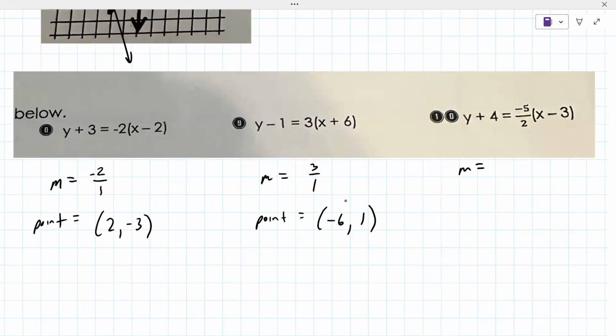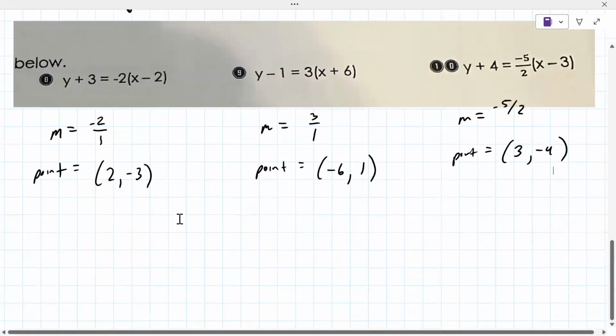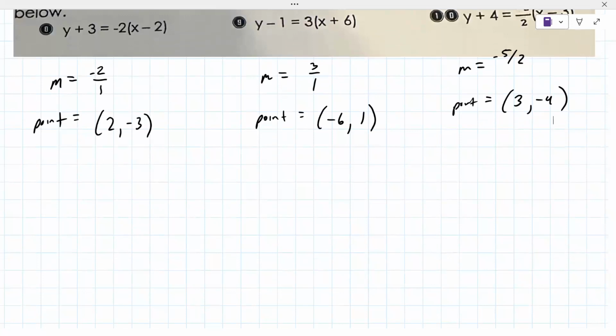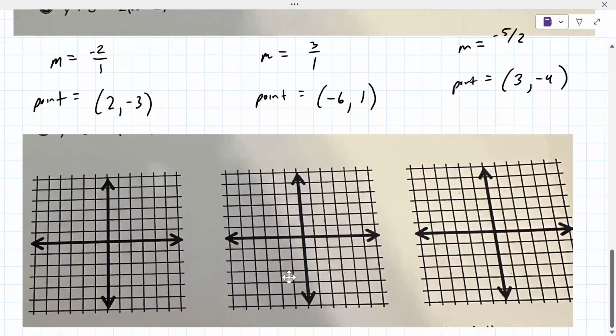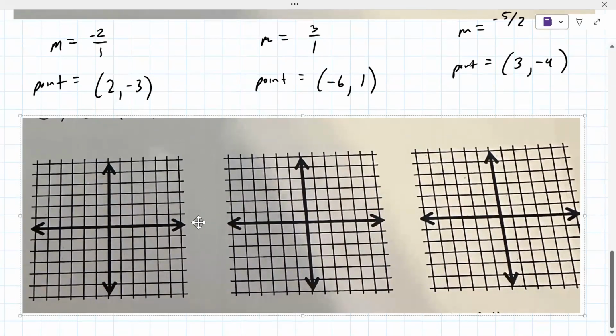And then the slope for number 10 is -5/2, and the point is 3, -4. All right, good job. So go ahead and do a quick sketch for those. I'll do the same here. You do start at that point.